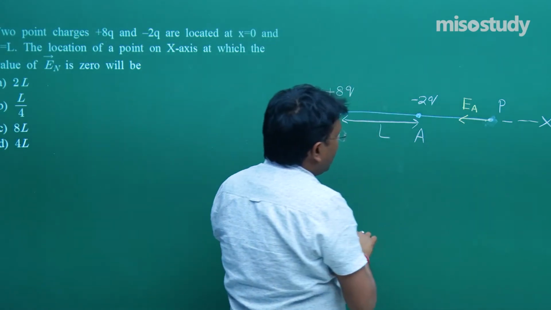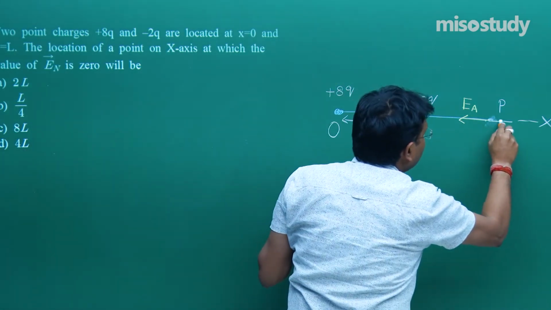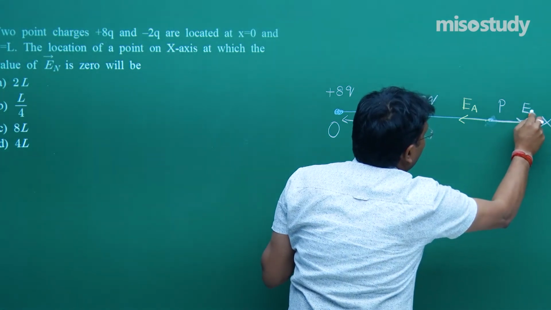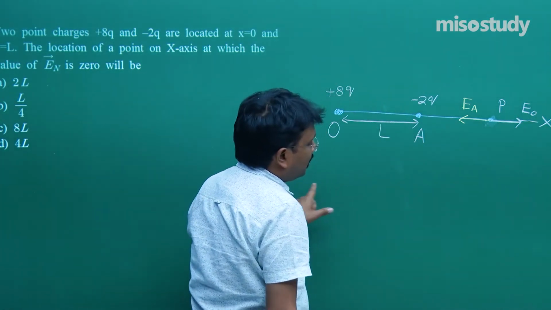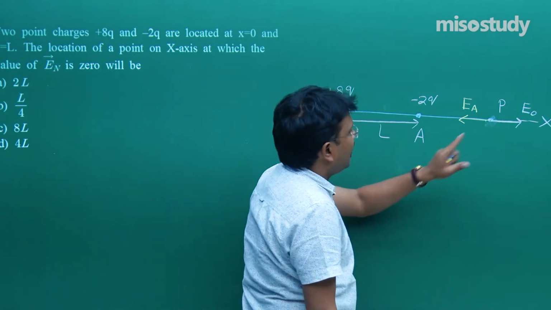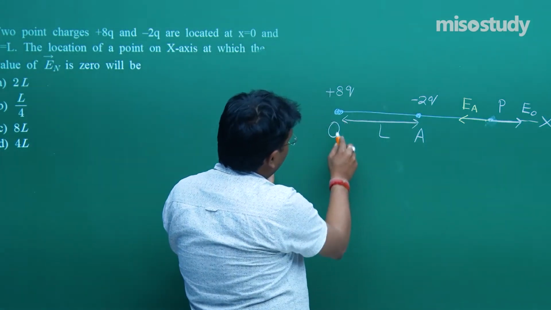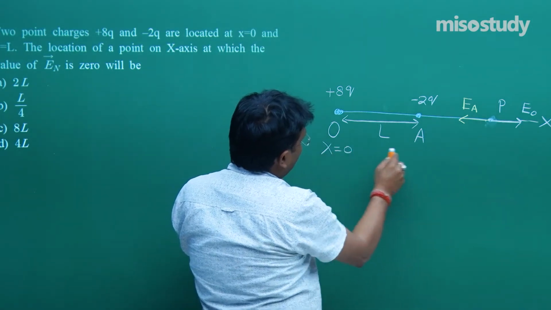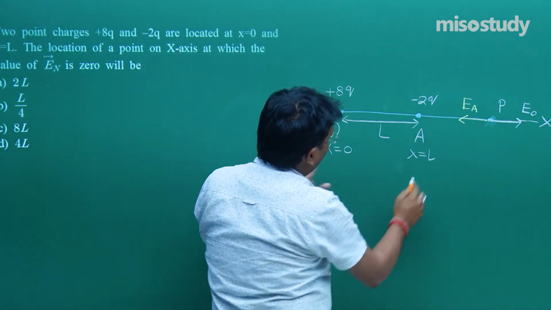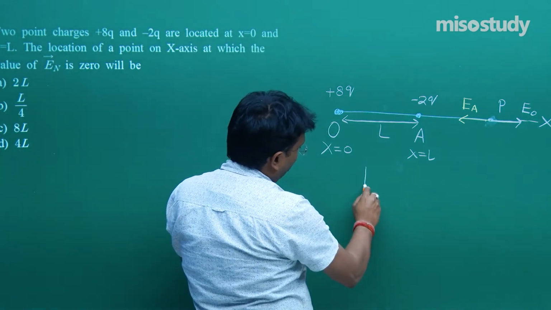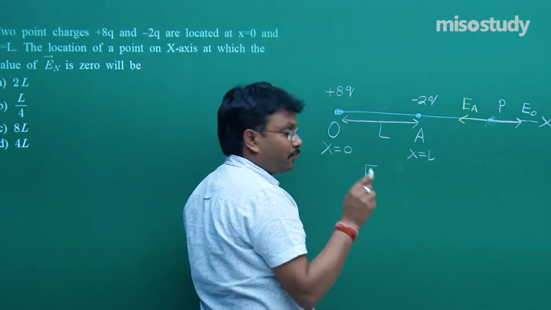Fine. And for this, let us say this is EO. I hope this diagram is clear in the minds of each and everyone, and this is the x axis. Fine. Now this point is x is equal to 0 and this point is x is equal to L as I mentioned.